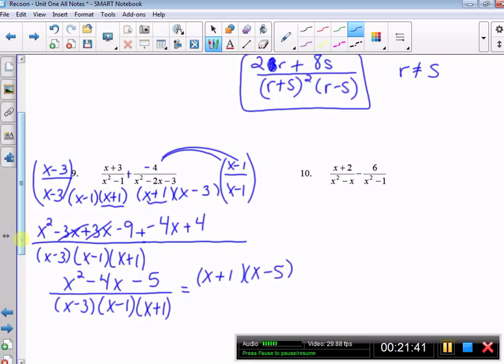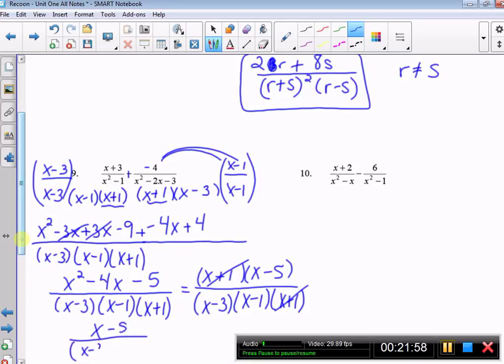Yep, they multiply to negative 5, add to negative 4. And look at that. The x plus 1s are going to divide out. So final answer is x minus 5 over x minus 3 times x minus 1. And again, x cannot be 3, 1, or negative 1 before we canceled.